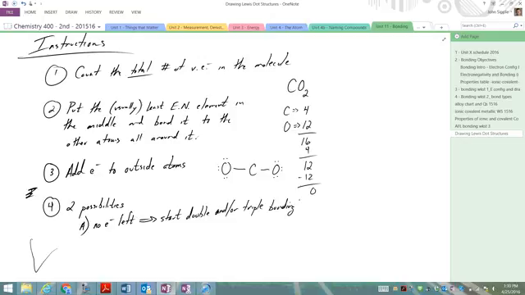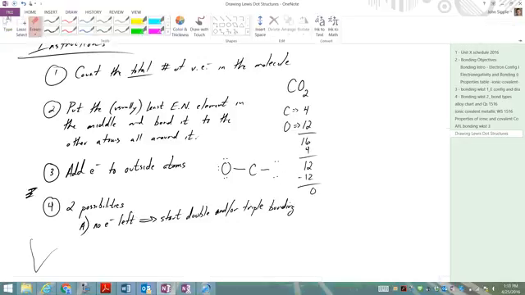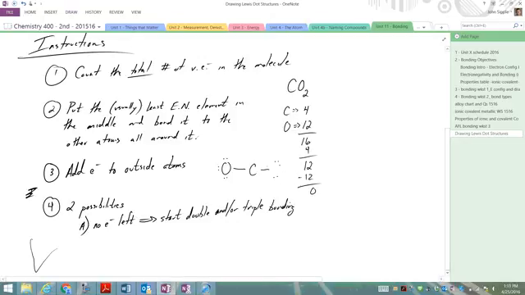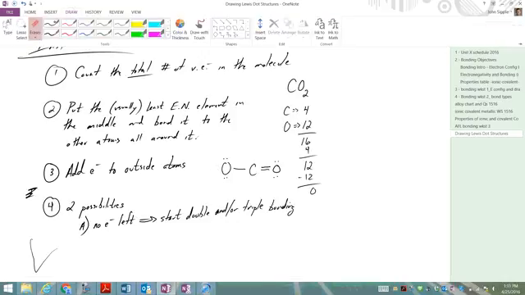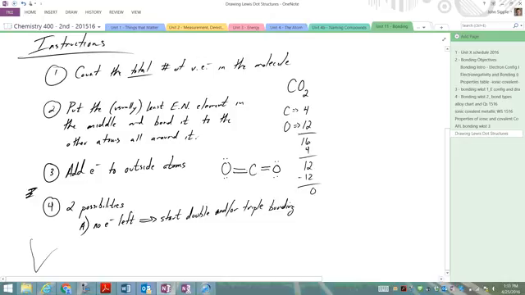We can take 2 electrons, a pair of these electrons off of oxygen, and share it between the oxygen and carbon. And then I'm going to take another pair off the other side and share it between oxygen and carbon.